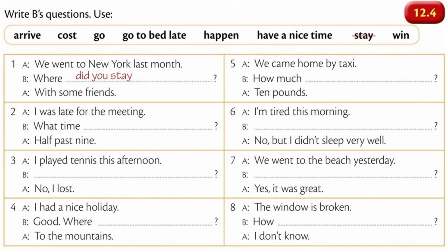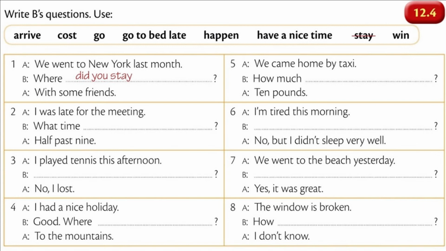A. 9:30. Number 3. A. I played tennis this afternoon. B. Did you win? A. No, I lost. Number 4. A. I had a nice holiday.